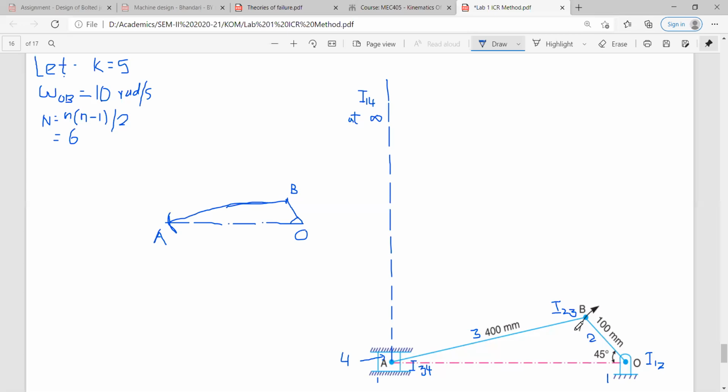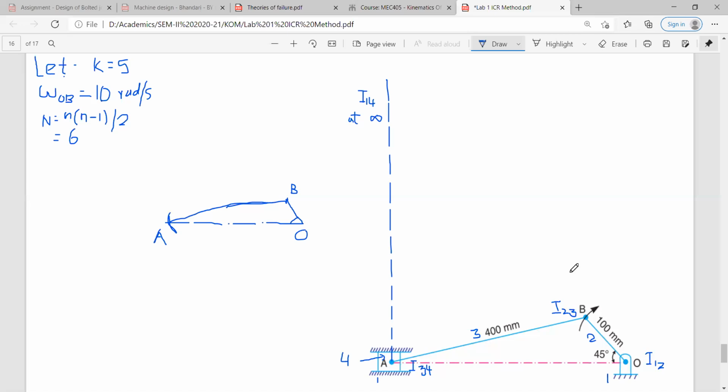So let us examine the first line OB. How many ICRs does it have? It has 2 ICRs, I12 and I23. So which combination is missing? 1 has a combination with 2, that is I12, and 2 3 here, so 1 3. ICR I13 is missing in this.